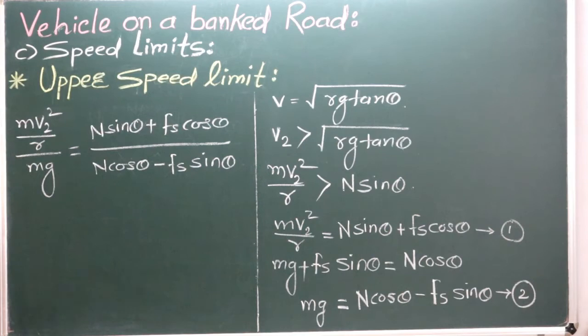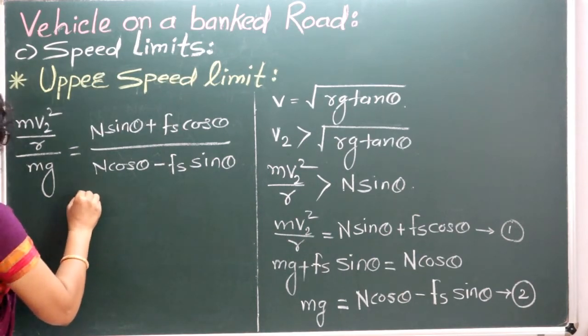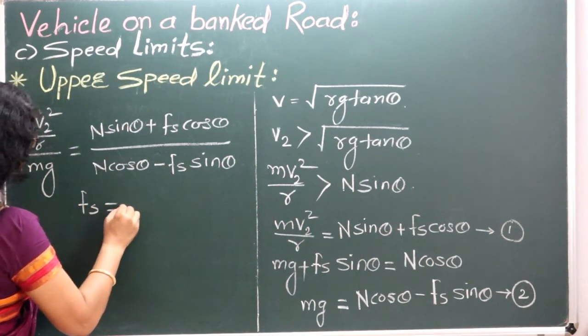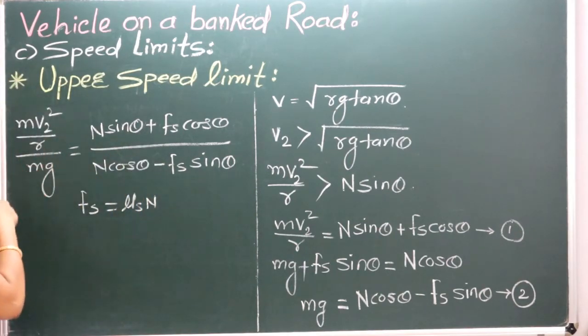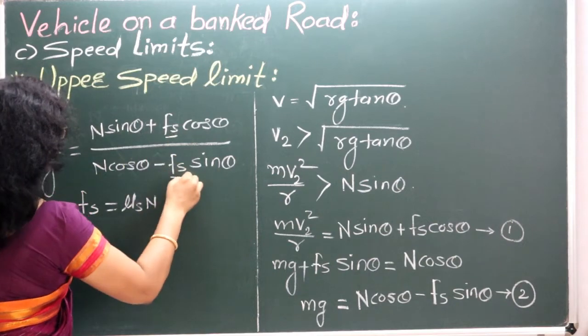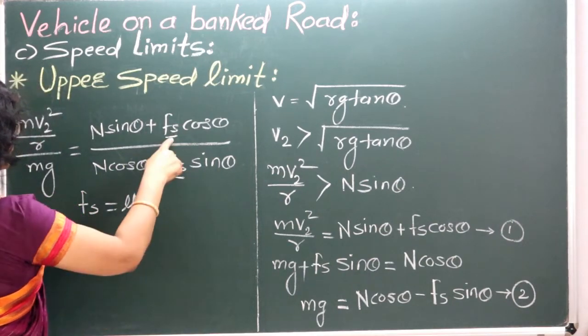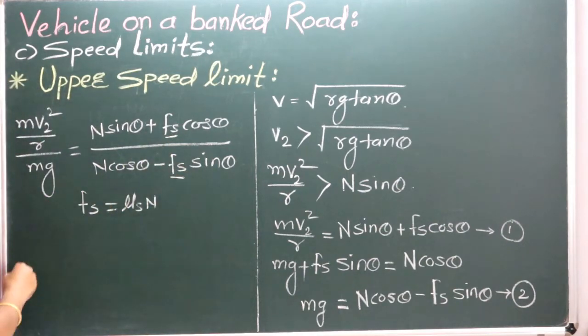For maximum possible speed, substitute the force of static friction equal to mu s into N in the above equation, that is here is Fs, here is also Fs. Put Fs equal to mu s into N in this equation.